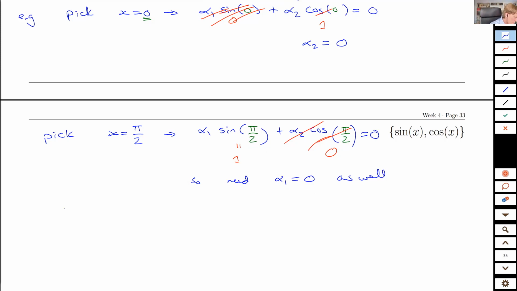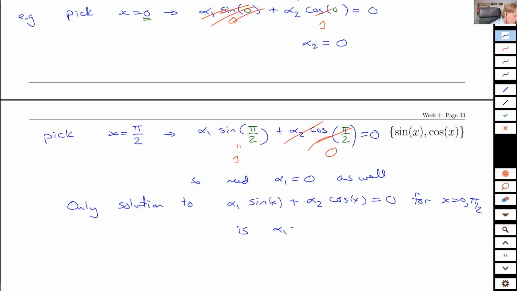And so the only solution to alpha 1 sine of x plus alpha 2 cos of x equals 0 for all x's, let's say here, for x equals 0 and pi over 2, is alpha 1 and alpha 2 both equaling 0. That's really what we showed, right?